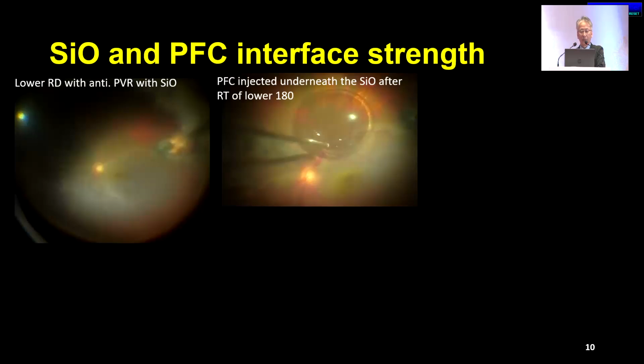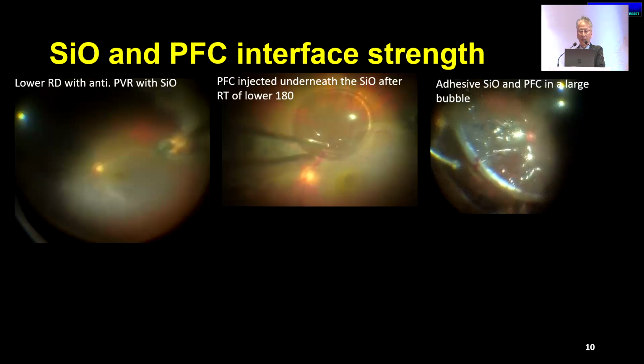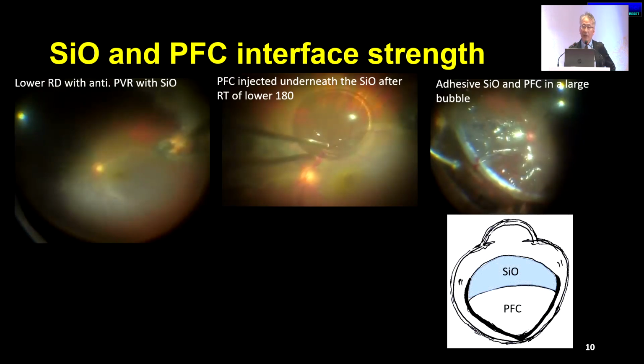So I injected the perfluorocarbon underneath the silicone oil after the lower retinectomy. It happened that the adhesive silicone oil and the perfluorocarbon became a large bubble, and because of the buoyancy of the silicone oil, this big bubble floated up and detached the retina from the posterior.